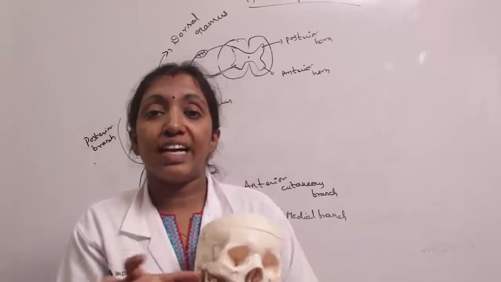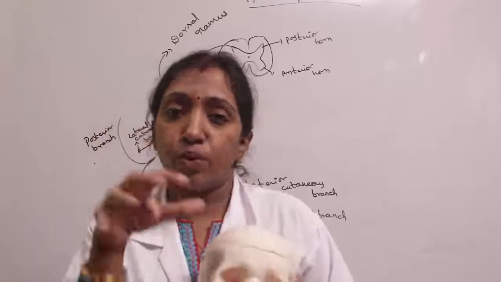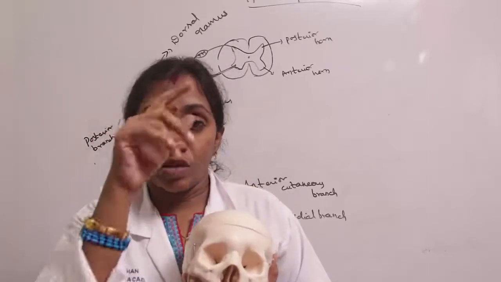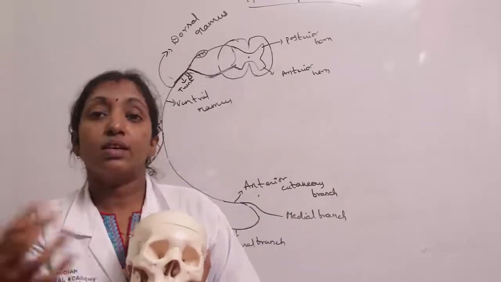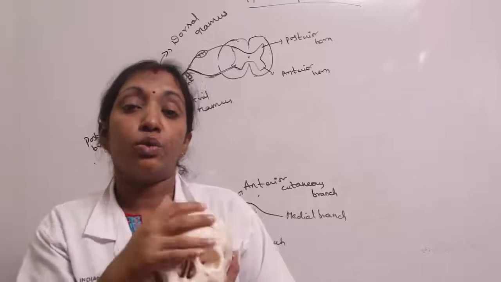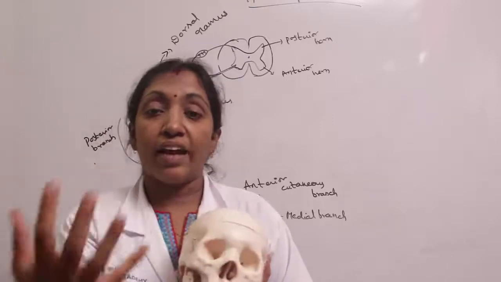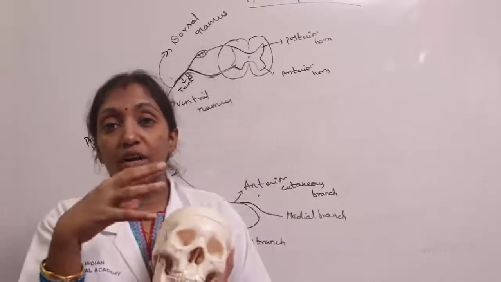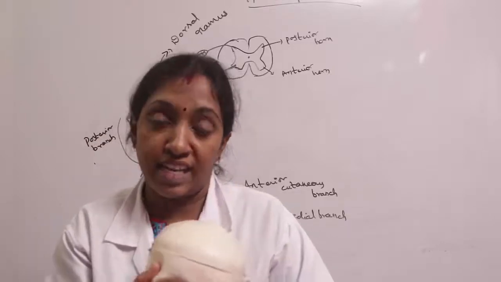This fourth layer consists of potential space. So any infection that occurs in the fourth layer is very harmful because of the presence of emissary veins. They carry the infection into the dural venous sinuses, and it is very fatal, because emissary veins connect the extracranial veins to intracranial dural venous sinuses.